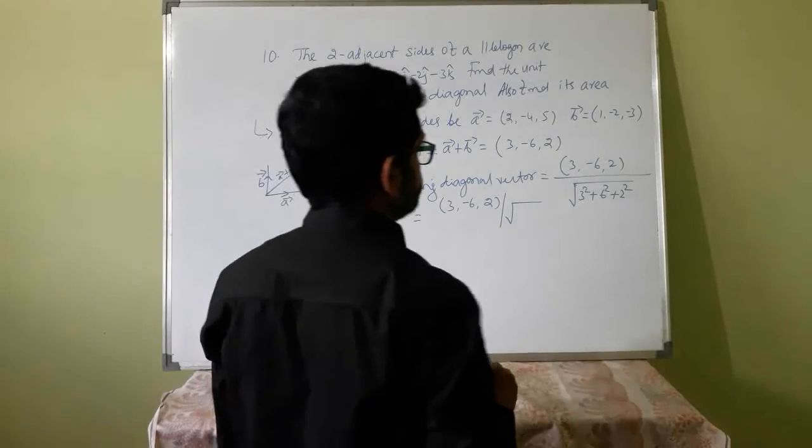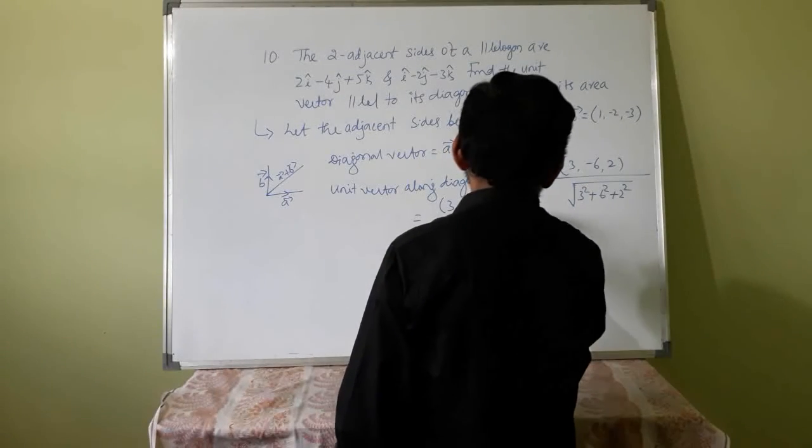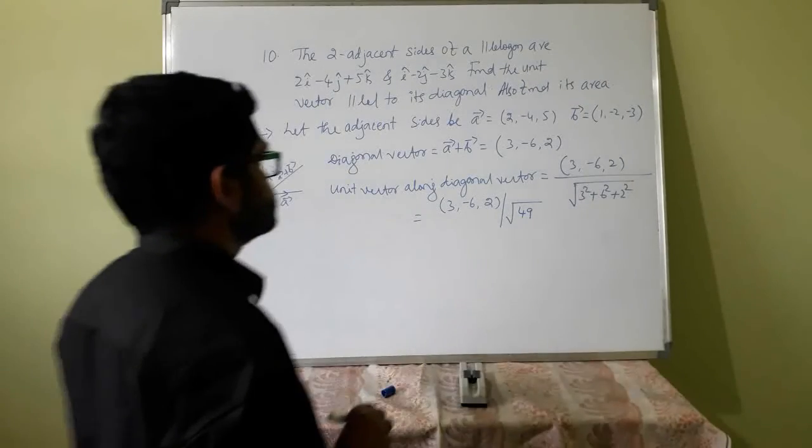Nine plus 36 plus 4, that is 49, the root is 7.